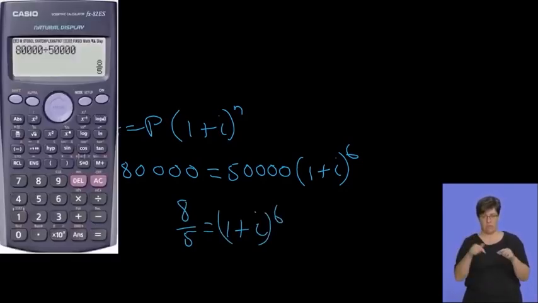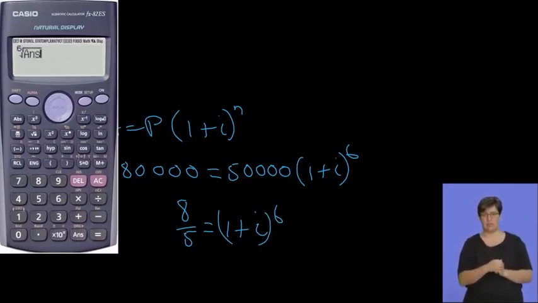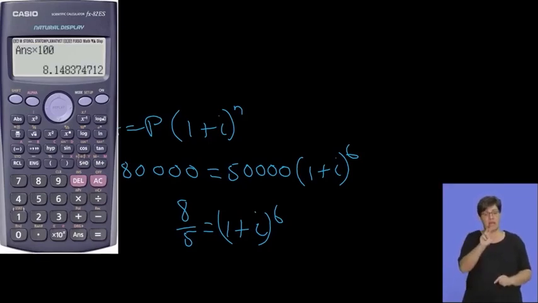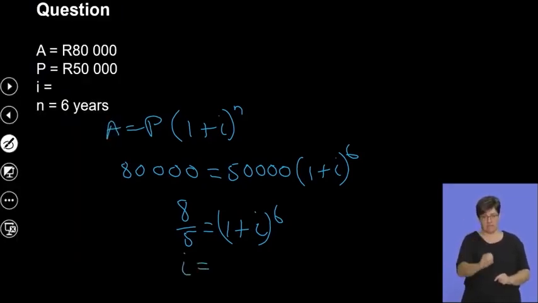So I'm going to take the cube root, but remove the 3 and put a 6 there, of 8 over 5. That gives me 1.081 and a few decimals. Then I'm going to subtract 1 on both sides, which gives me that Lebo's interest rate from the bank was 8.15%. So i = 8.15%.